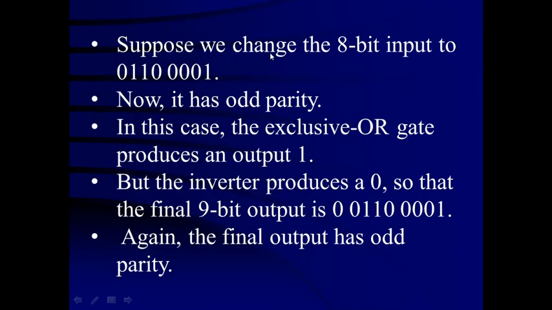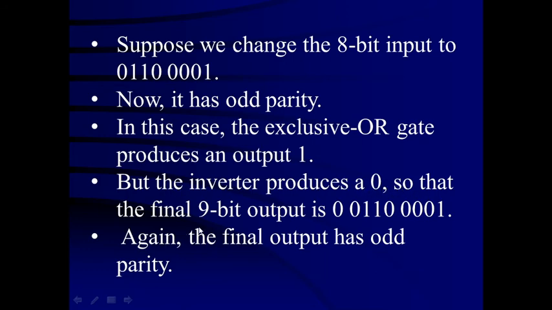Suppose we change the 8-bit input to 0, 1, 1, 0, 0, 0, 1, 0. Now it has odd parity. In this case, the exclusive OR gate produces an output 1, but the inverter produces 0.